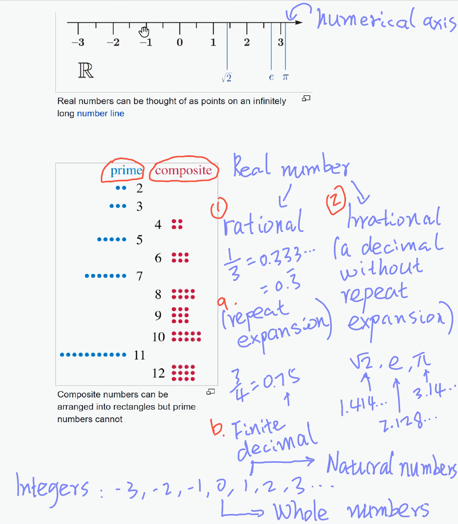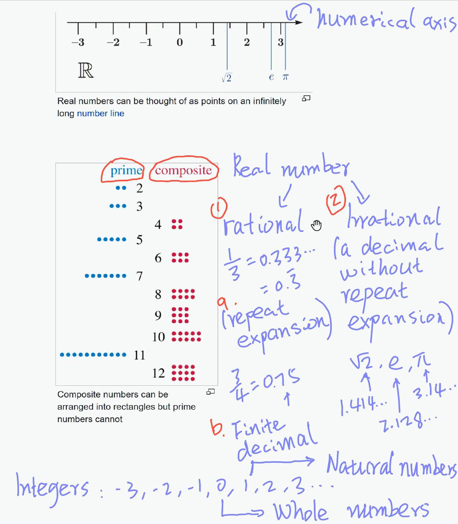On the real number line, not only do we have integers like -3, you can go to -4 on the left. And you can go here from 3, 4, 5, 6, so going to the right. We also have rational numbers.